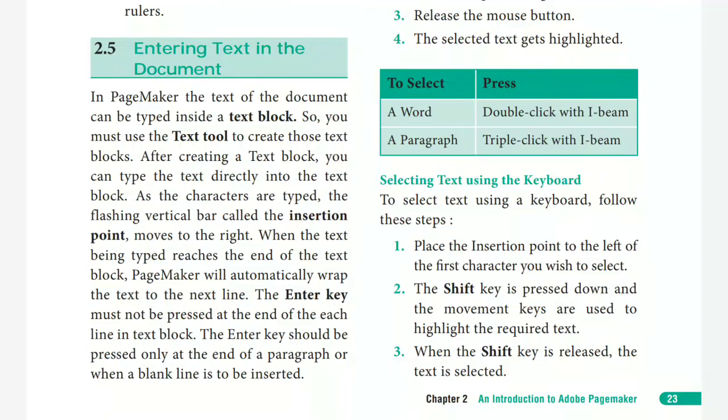It will also have a small blinking vertical line. That is your insertion point. As the characters are typed, the flashing vertical bar, which is called the insertion point, moves towards the right, since our writing method is from left to right.